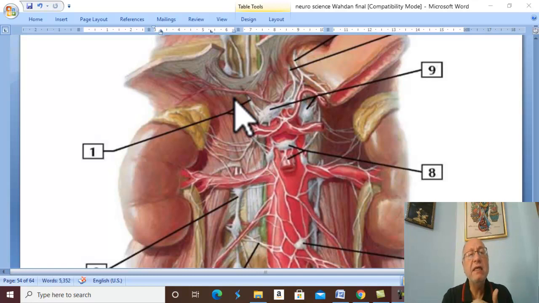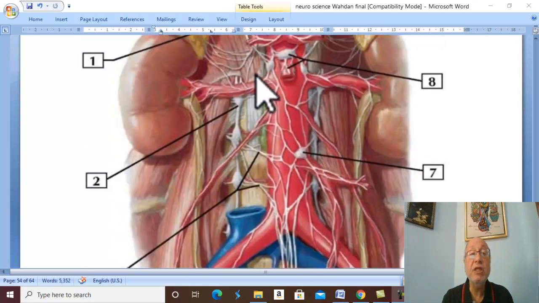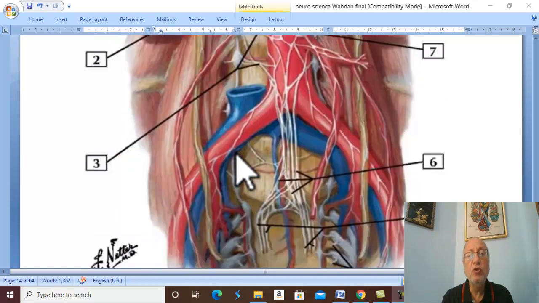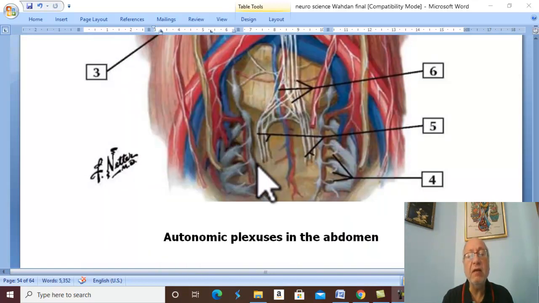And as usual, the preganglionic fibers enter the sympathetic chain and pass in it without relay to reach the sacral part of the sympathetic chain, where the preganglionic fibers end and the postganglionic fibers start.